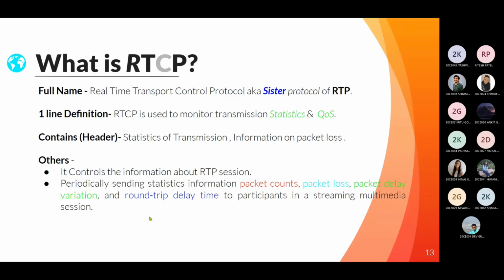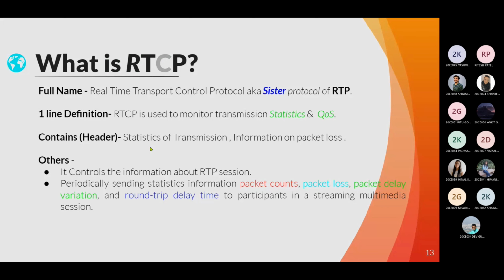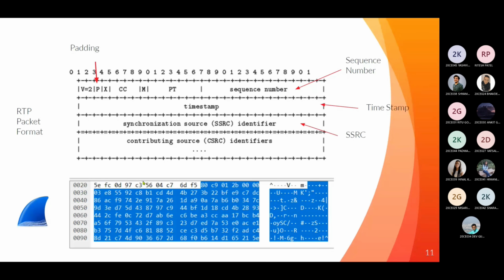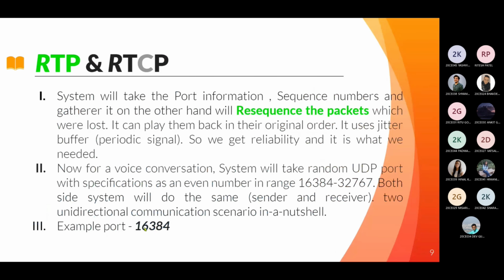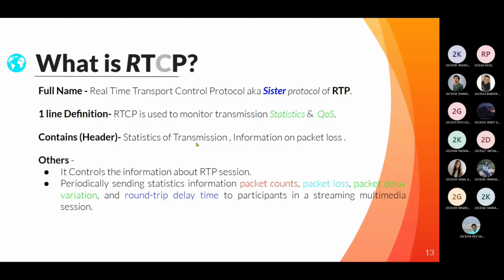Now, some points about RTCP. RTCP also has a port number which is derived from the port number of RTP. As we assumed in the RTP section, one RTP UDP port is 16384. So there is a relation between RTP and RTCP. There are always going to be two UDP ports selected, one for RTP and a corresponding port for RTCP.